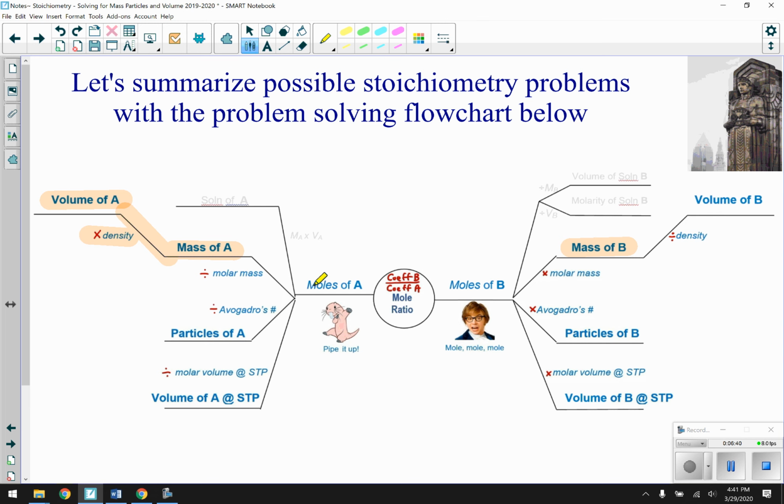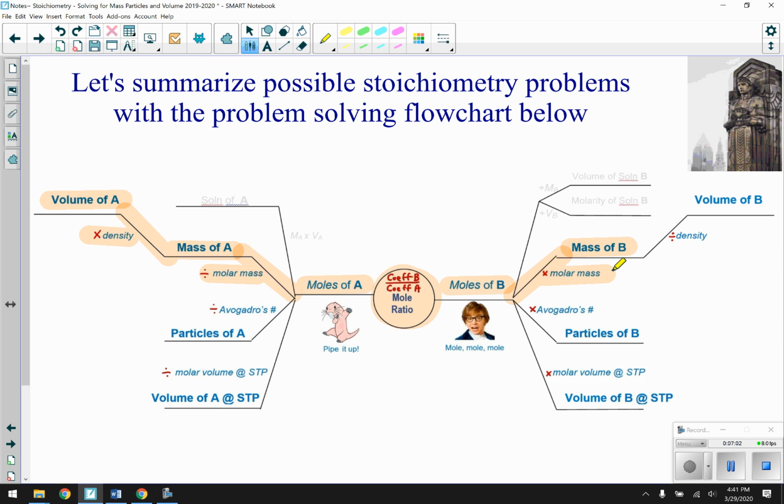Once you have mass of A, the main goal is to get to moles of A, so we divide the mass of A by the molar mass. Once we have moles of A, you're on your way. Use the mole ratio to get moles of B. And since we want to end up with mass of B, once again, times the molar mass, and we would get the mass of B.